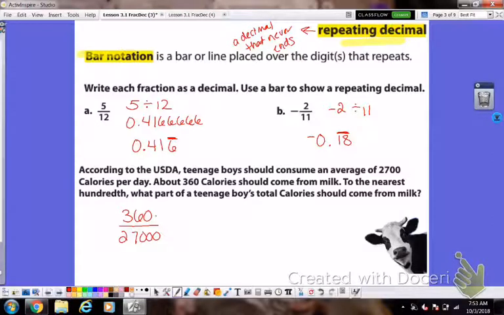We do part over whole anytime we're working with something like this, so part divided by whole. And if we divide that to the nearest hundredth, that's 2 decimal places, we get 0.13. So 13 hundredths should come from milk.